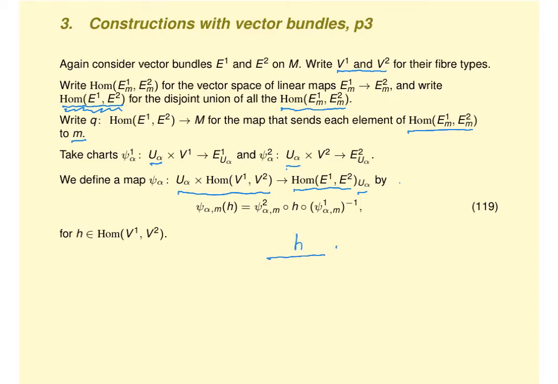Remember, H is going from V1 to V2, and psi2 alpha m goes from V2 to E2m, and psi1 alpha m inverse goes from E1m to V1, and so the composite is this map, the fourth side of the square that goes from E1m to E2m.